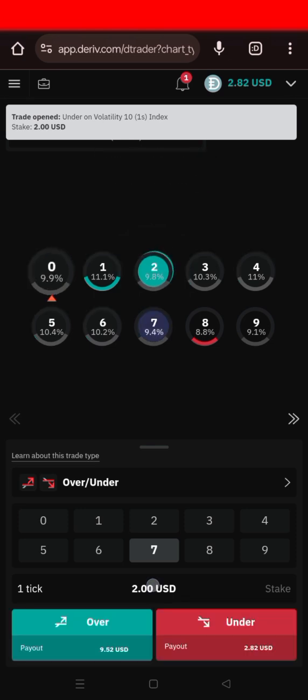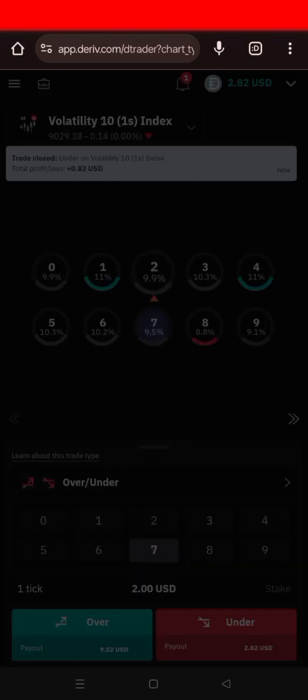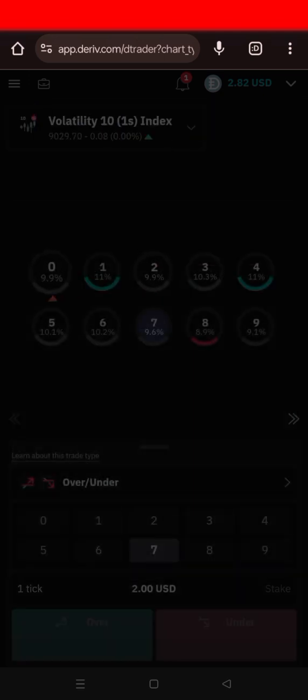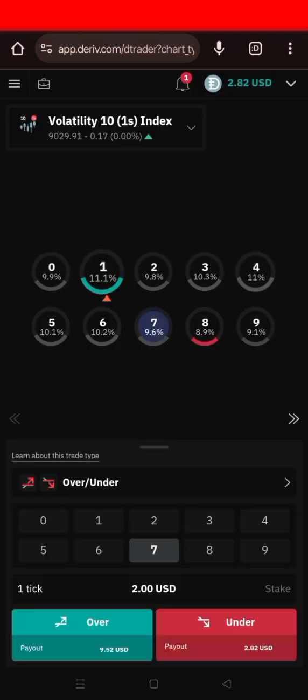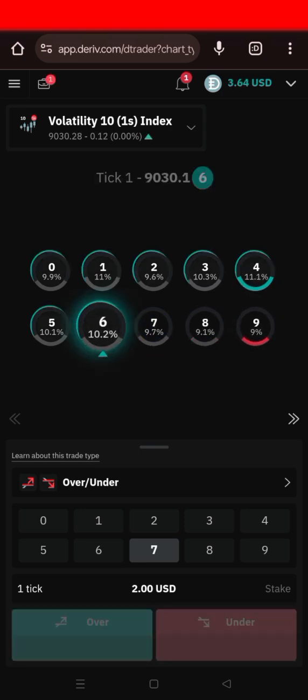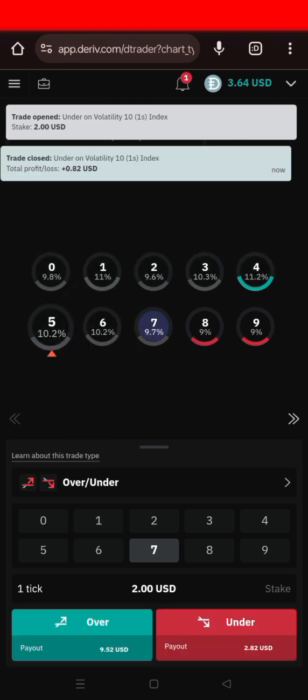Consider a market which has 1 second. So try using the volatility 10 1s, the 25 1s, 50 1s, all those 1 second indexes. So where is the entry?